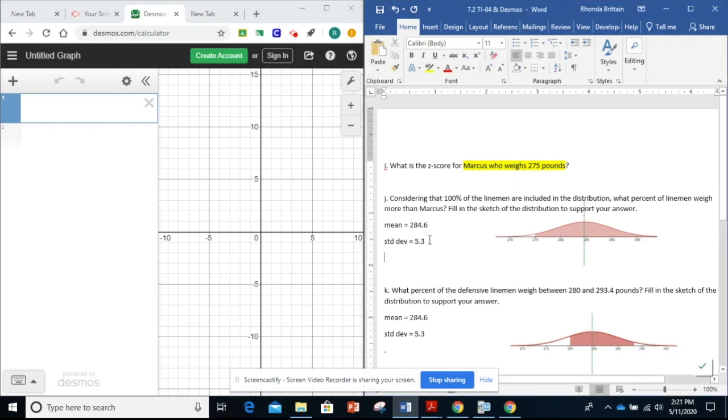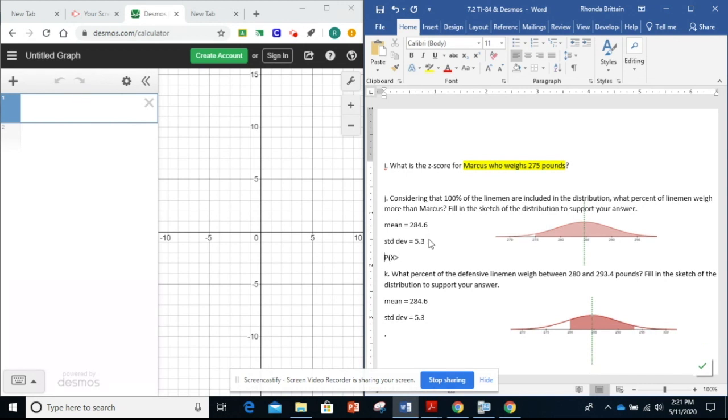And so we actually want to figure out the probability or percentage that the data values or people weigh above Marcus. Okay, so in order to calculate this, we actually are going to look at this diagram here.